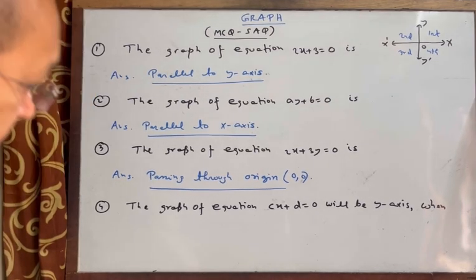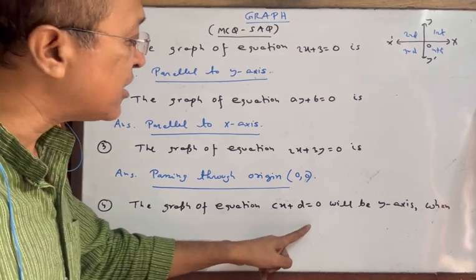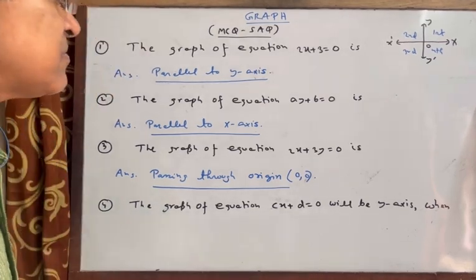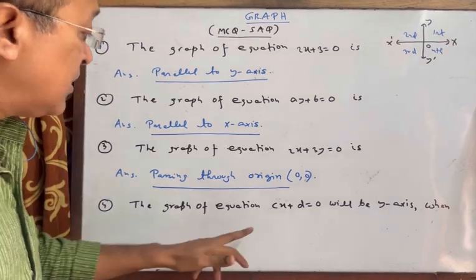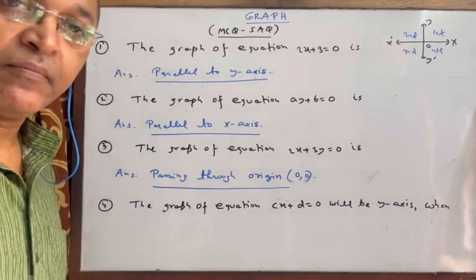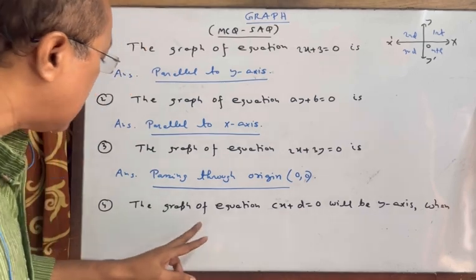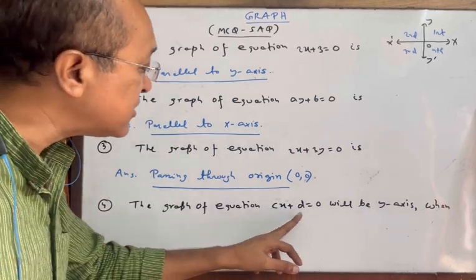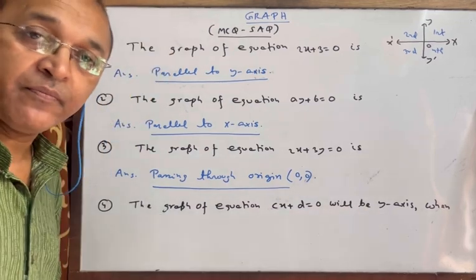Next question is, what is given? The graph of the equation cx plus d is equal to 0 will be the y-axis. Just see, one condition is given. The graph of the equation cx plus d is equal to 0 will be the y-axis.